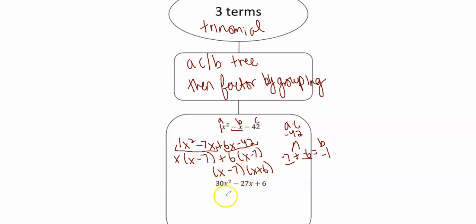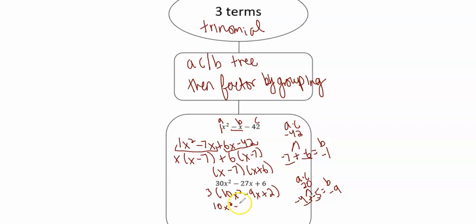three terms. Here I see I can factor out a 3 right away. A times C is 20, but adds to my B of negative 9. I can do negative 4 and negative 5.